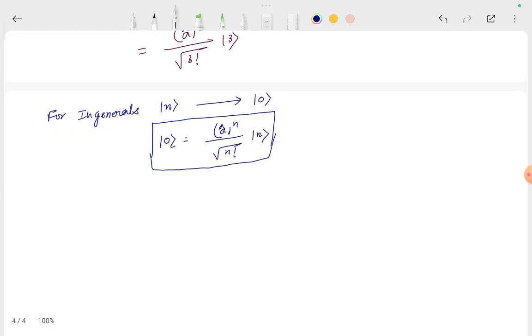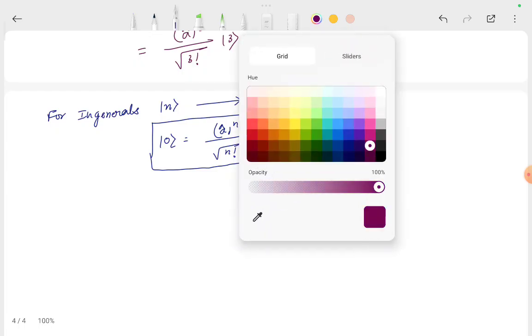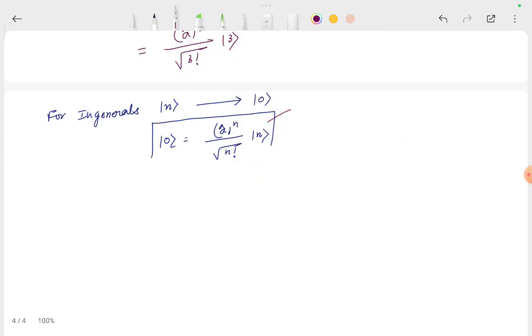It's very important actually. This is asked in GATE and TIFR examinations. This result is very important.